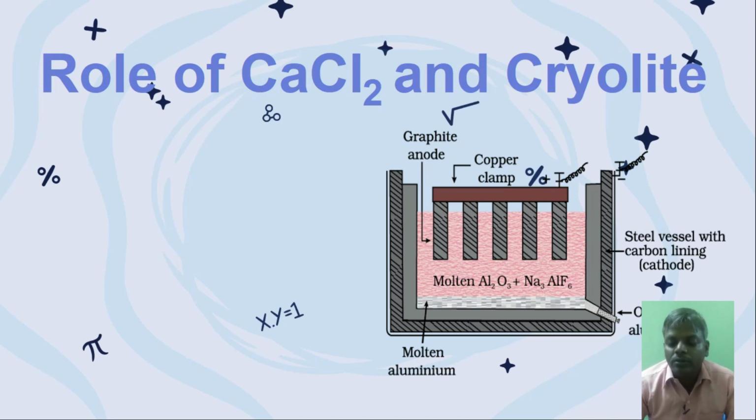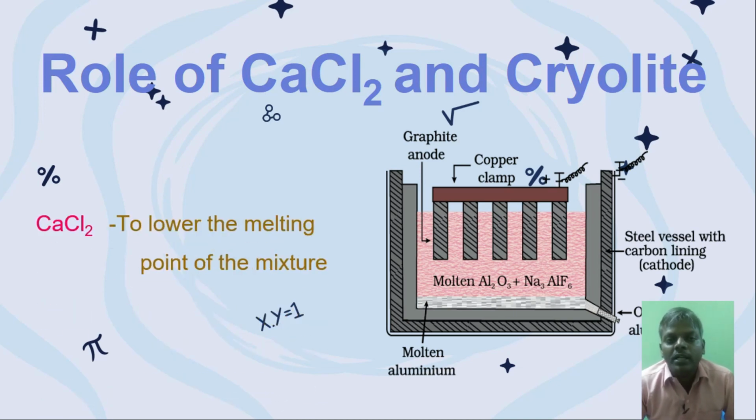The 10% calcium chloride is added to this mixture in order to lower the melting point of the mixture. So to the molten Al2O3 and cryolite you add 10% calcium chloride, to lower the melting point of the mixture.